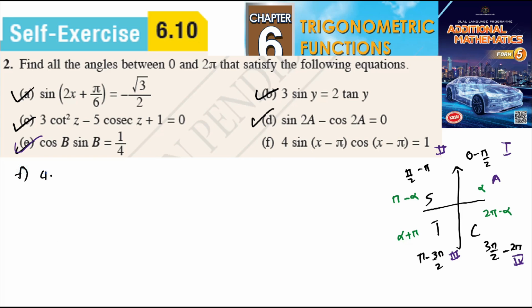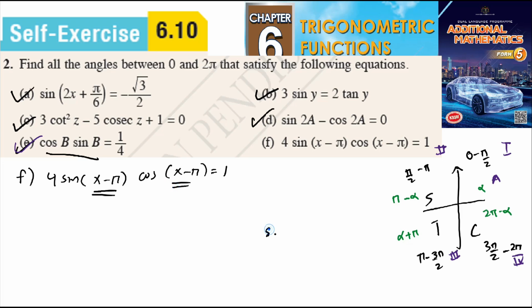So F: sine x minus pi, cos x minus pi is equal to 1. So you can see that this one is almost similar to E, because we have cos and sine here.